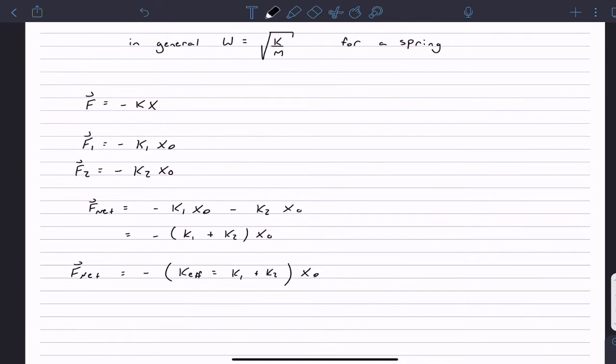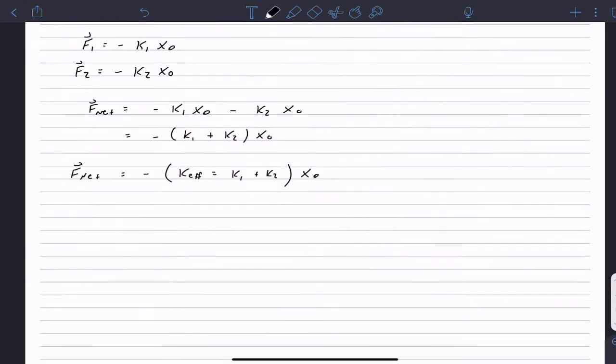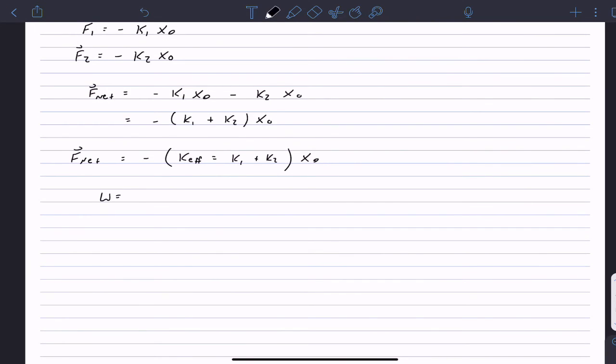So now we can use this little piece of theory: omega is equal to the square root of k over m. We want to know the oscillations for the system, right? That's what we're asked to find. What is the resultant oscillation of the simple harmonic motion? Well, we can use the k effective that we just found from the force.